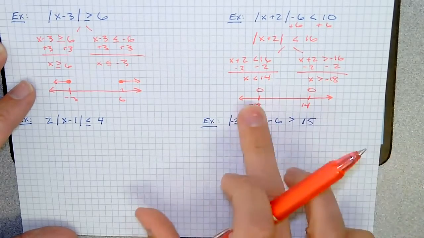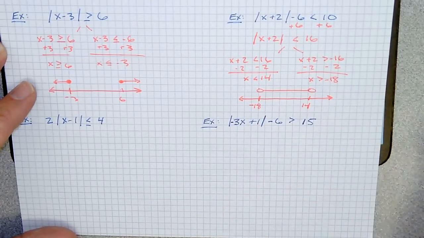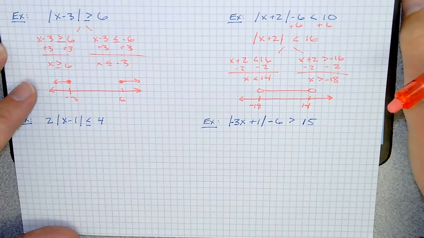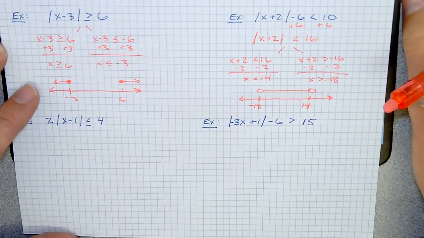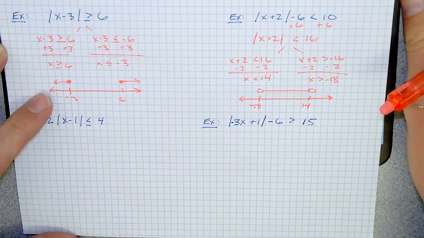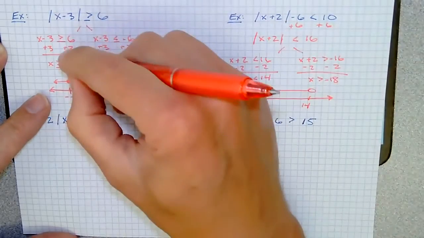Open, less than 14 goes this way, greater than negative 18 goes that way. So we're left with these values as the answers.